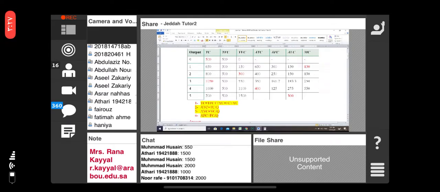Adari, why did you get confused? We add them together. Thank you, Noor. It's okay. Average total cost equals total cost over quantity, then average fixed cost equals fixed cost over 100.